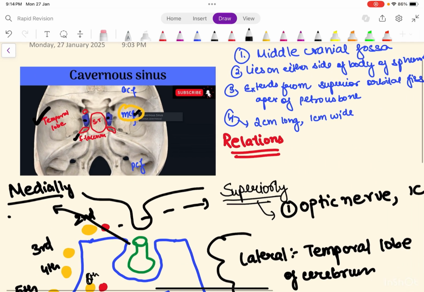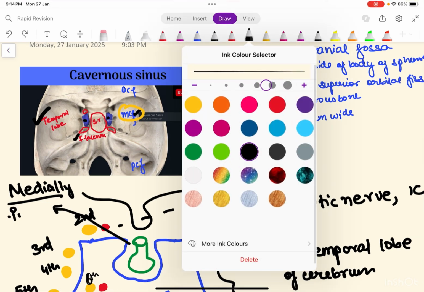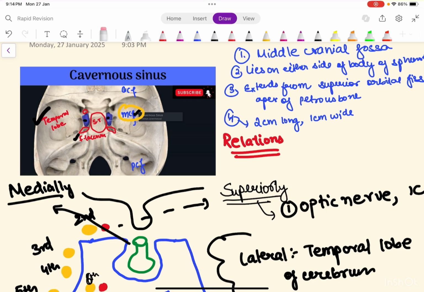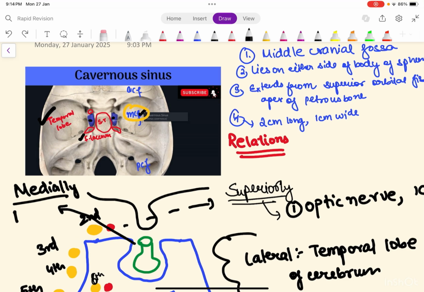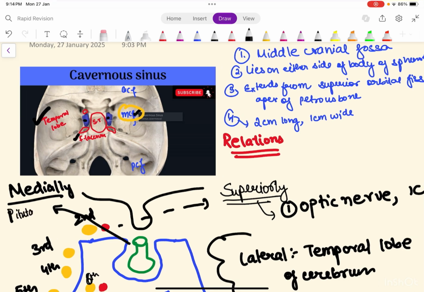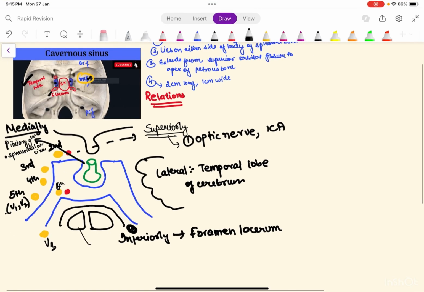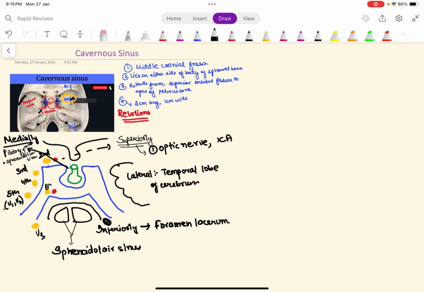In the medial aspect you have the sella turcica, which is having the pituitary gland, and you have the sphenoidal air sinus. This is our sphenoidal air sinus.